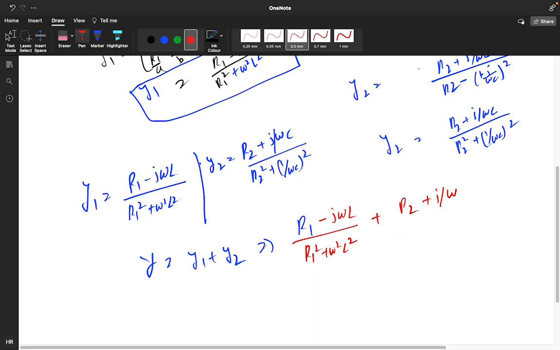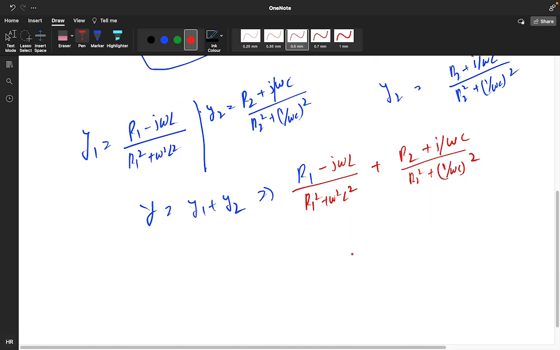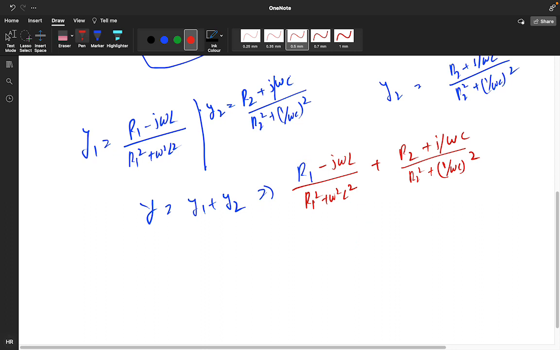R1 minus j omega L divided by R1 square plus omega square L square, plus R2 plus j divided by omega C divided by R2 square plus 1 upon omega C the whole square. Now separate the real part and the imaginary part. So if you separate the real part and the imaginary part, what you will get? R1 divided by R1 square plus omega square L square plus R2 divided by R2 square plus 1 by omega C the whole square.